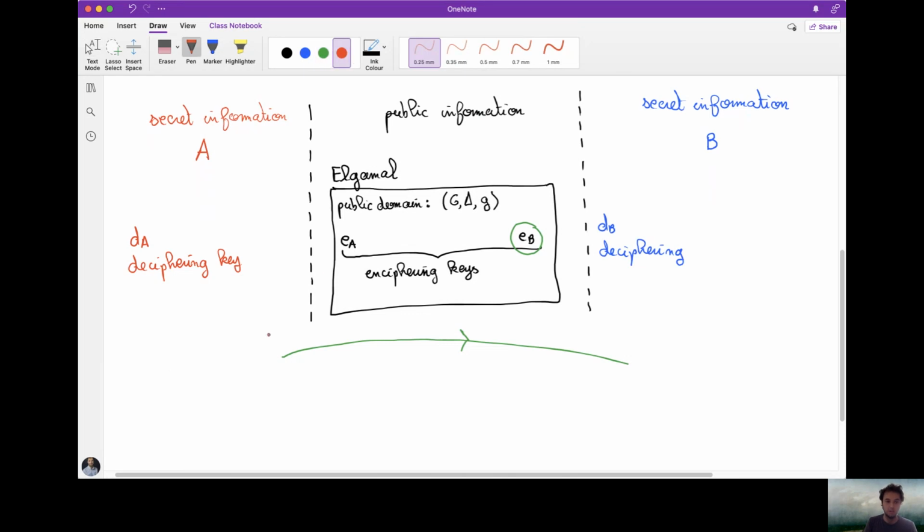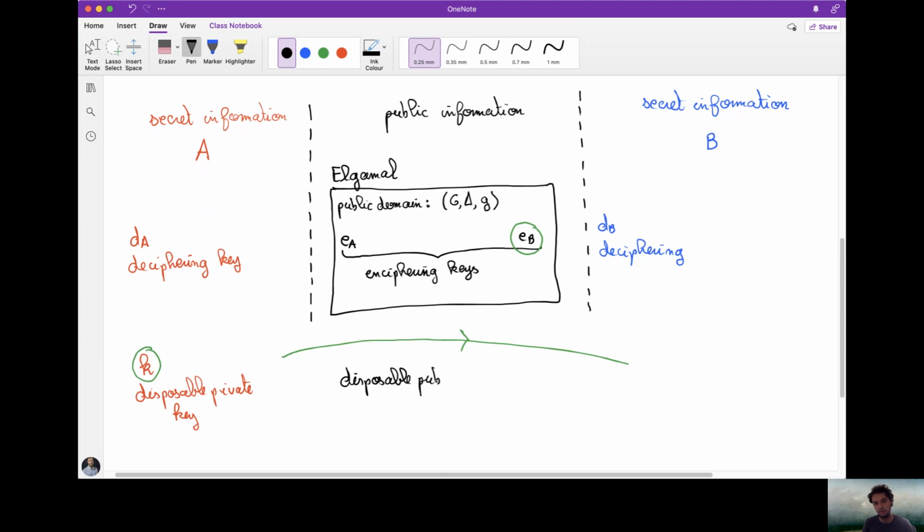Okay, so I'm going to put it here. It's going to use something that we're going to call K, which is a disposable private key, which is used to encipher the message. And at the same time, it publishes a disposable public key, only for the sake of that message.